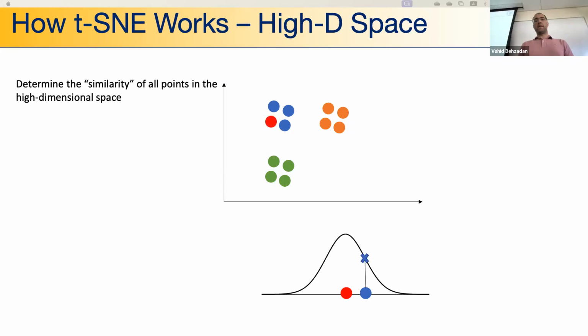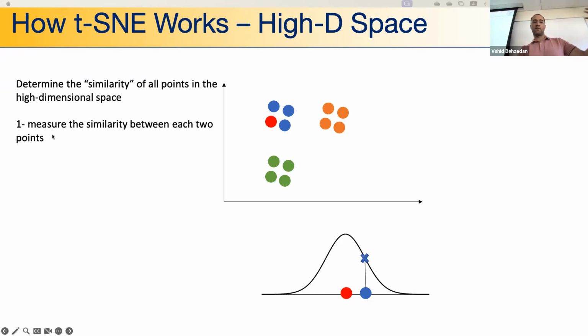So in order to do this, we need to calculate similarity in the higher dimensional space and similarity in the lower dimensional space and try to match them, right? So how do we do it? Basically, for each cell in the higher dimensional space, now we are focusing on the red one, we create a normal distribution.